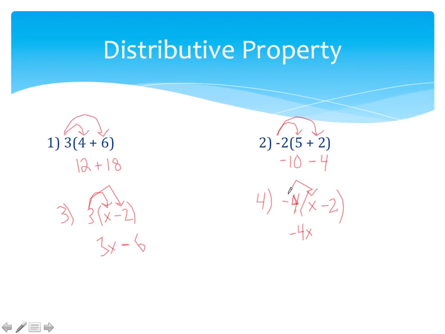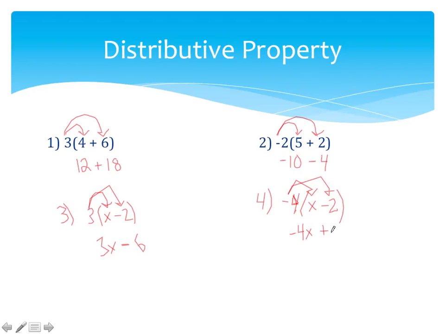And now I have, second part, negative 4 times negative 2. Okay, the sign in front goes with the number. It's a good way to remember this. The sign in front goes with the number. So negative 4 times negative 2. A negative times a negative is a positive.